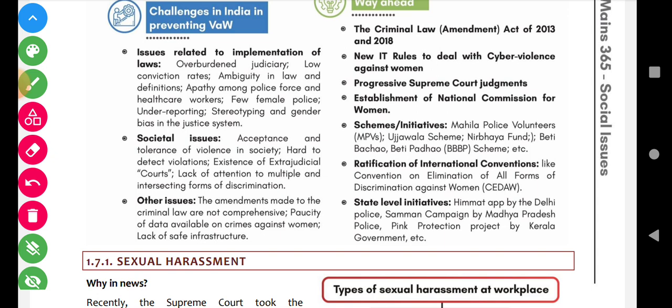Next is ratification of international conventions, like the Convention on the Elimination of All Forms of Discrimination against Women, and state-level initiatives like the Himmat app by Delhi Police, the Samman campaign by MP Police, and the Pink Protection Project by the Kerala government.